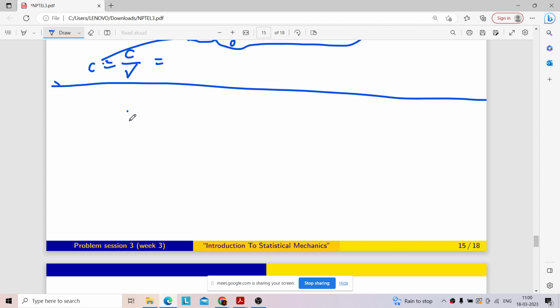I can write the density of states as some integration over space k, over some normalization constant, and some delta function of epsilon minus h cross nu k. This is the dispersion relation.